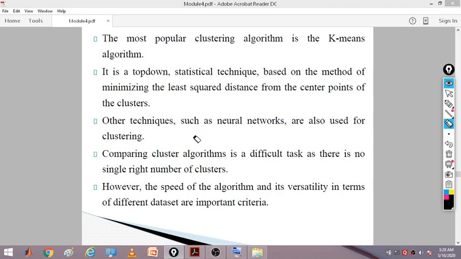Computing a clustering algorithm is a difficult task, as you don't have a single right number of clusters, but these algorithms work fine. The speed of the algorithm and its versatility across different data sets are important criteria.